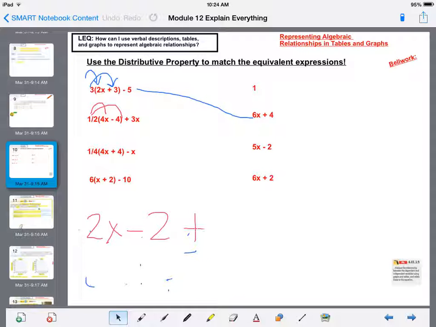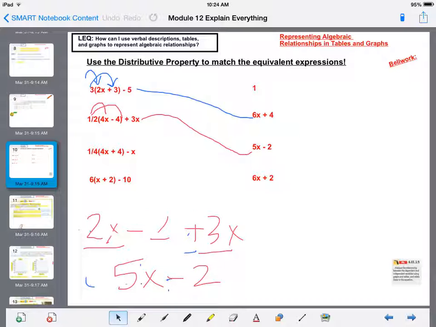And then we're left with that plus 3x. Again, we could take these like terms, 3x and 2x, and combine them. That means 5x minus 2. And so this equation is equal to this one. Let's go ahead and erase this and do the next one.